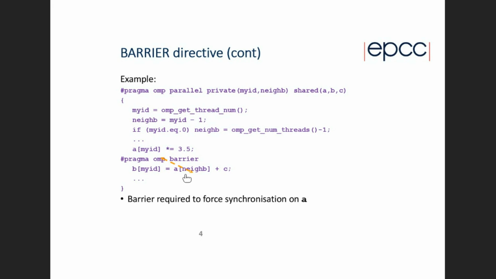So I have one of these cases here where I have a potential race condition unless I do something to make sure that the writes and reads are correctly ordered here.